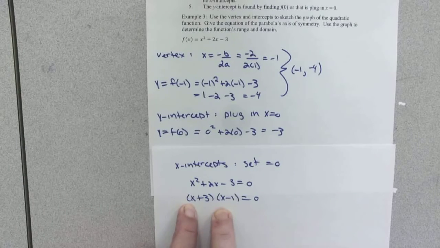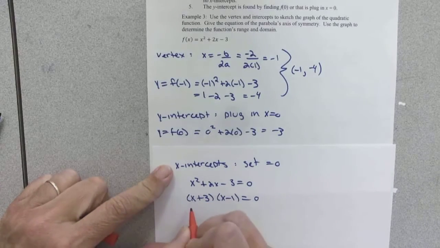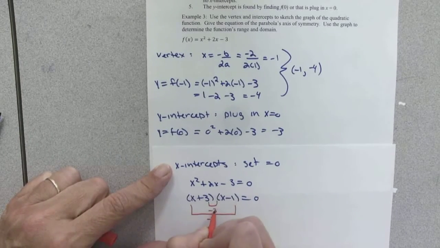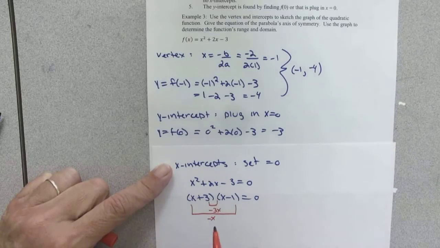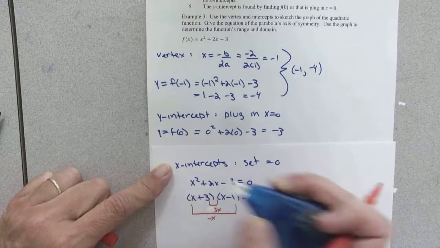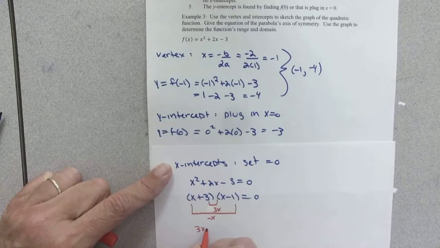Remember, the first terms have to multiply to be the first term, so x times x, x squared. The last terms have to multiply to be the last number, negative 3. So 3 times negative 1, negative 3. And then checking the factoring, if I look at the outside and inside, on the outside, I get negative x. On the inside, positive 3x. And so 3x minus x, 2x. And so I'm just checking the factoring there.